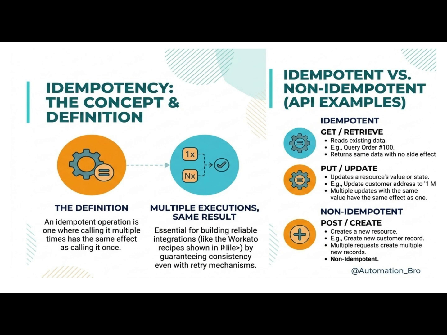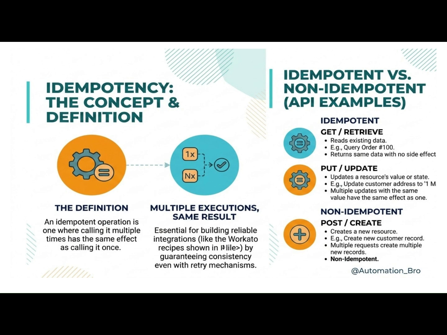So it creates multiple duplicate records if you keep on hitting the same endpoint. Unlike PUT or GET operations, which give you the same results even though you hit that endpoint several times.